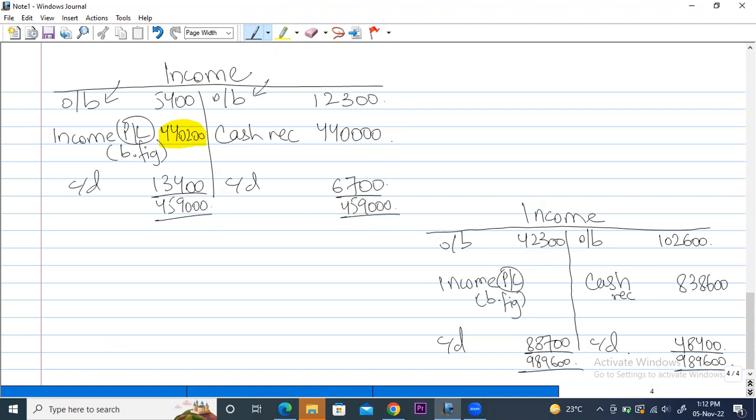Now we minus the other side, minus 88,700 and minus 42,300. So we'll get the balancing figure as 858,600. This is the income figure that we needed in the accounts.